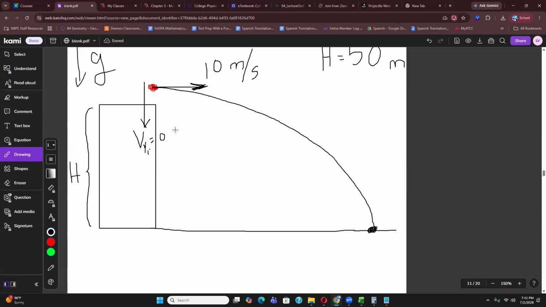So you know what's another name for this? This is the free fall projectile motion, because you have 0 initial vertical velocity, but gravity is acting, which is the reason why it's going like this.